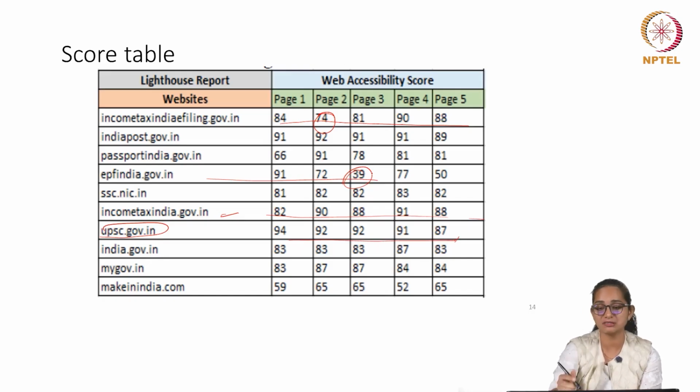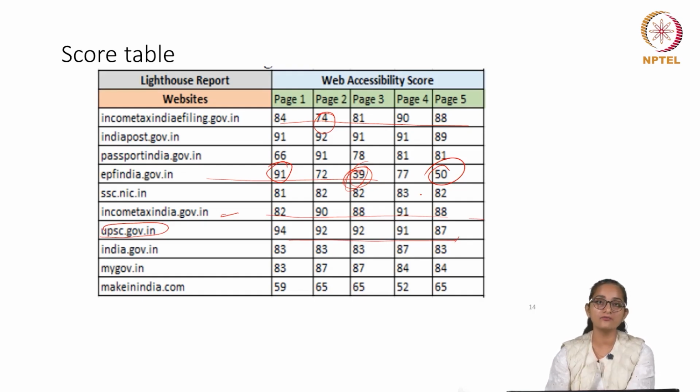For example, page 3 has the lowest score, let's look at this first. The index page seems to be accessible, let's leave it for the time being, but this page is very low, let's work on this and make it more accessible. Similarly, page number 5 in EPF India gov.in has a score of 50, which is very pathetic, so let's go and work on that one.